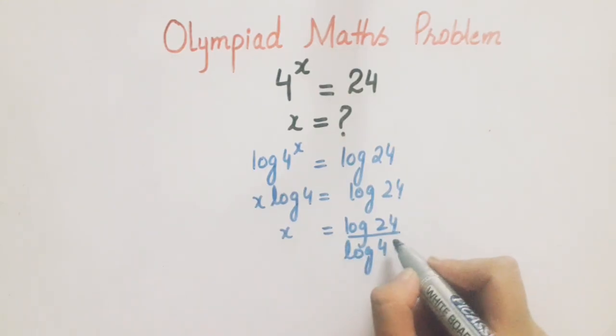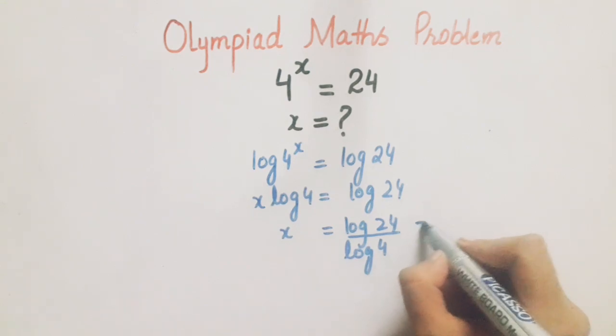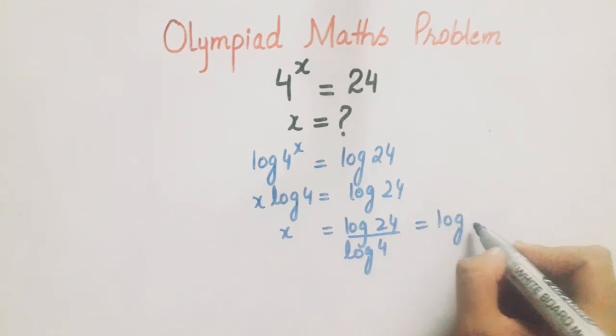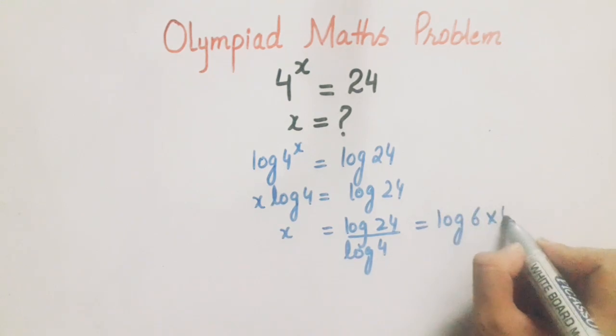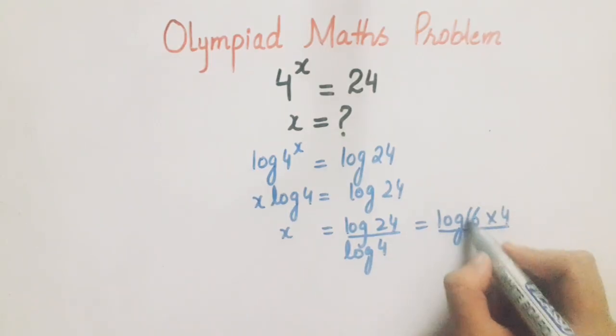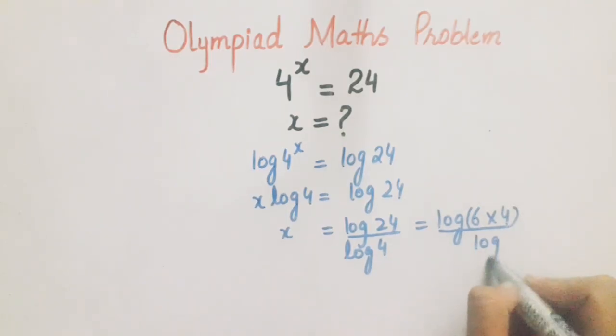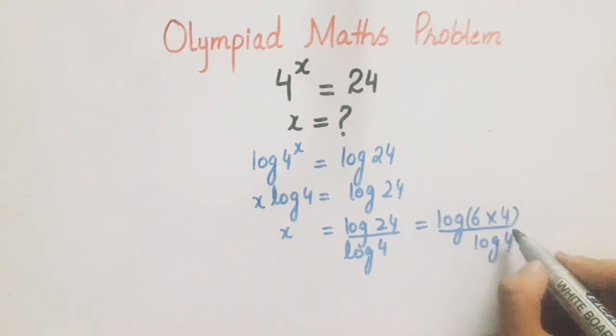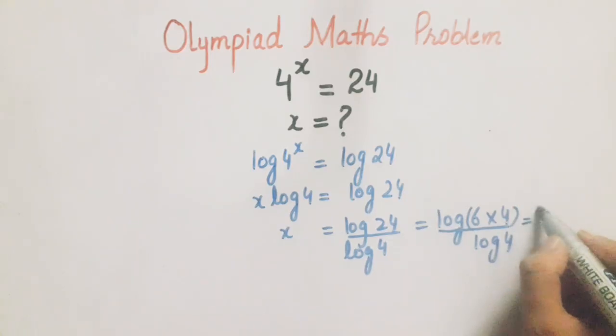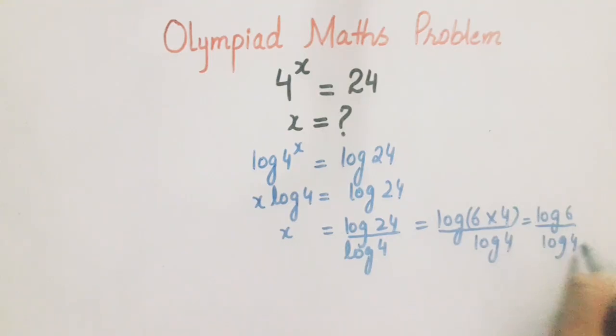Now we will write log 24 as log 6 multiply 4 divided by log 4, and then log 6 multiply 4 can be written as log 6 by log 4 plus log 4 by log 4.